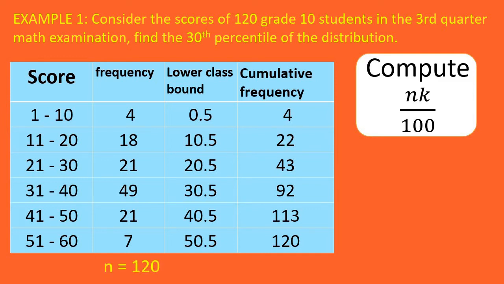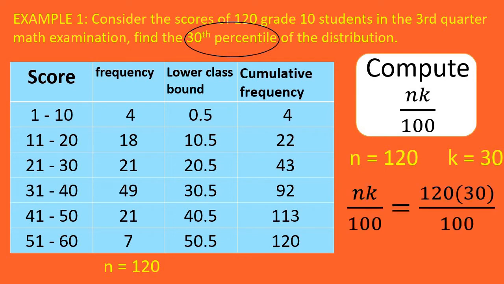Again, n is the total frequency, and that is equal to 120. And k is equal to 30 because we are asked to find the 30th percentile of the given distribution. So by substitution, nk over 100 is equal to 120 times 30 all over 100, and that is equal to 36.